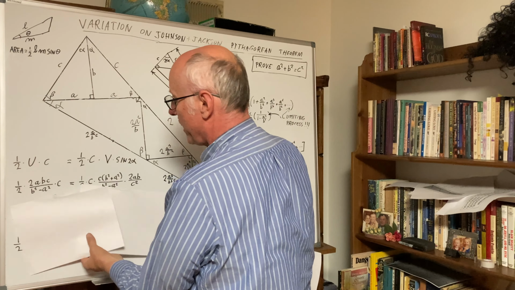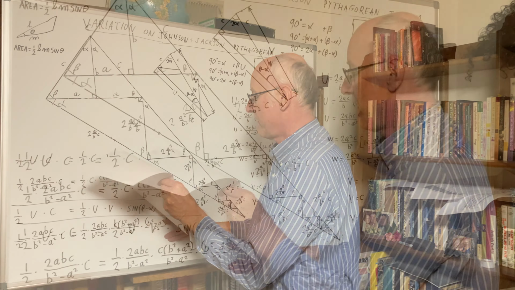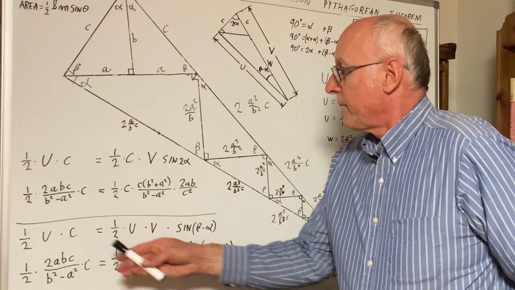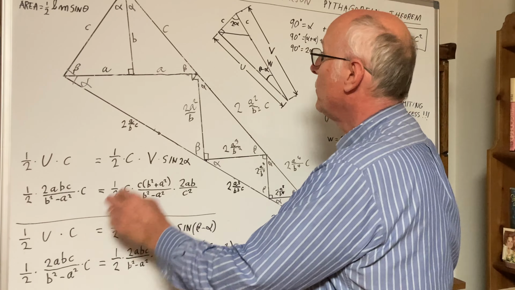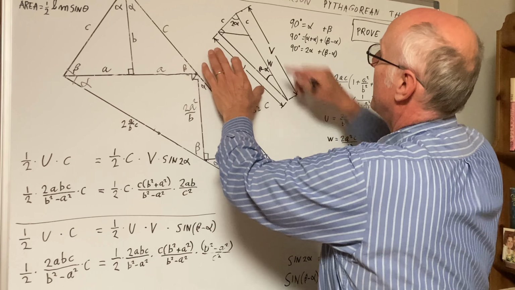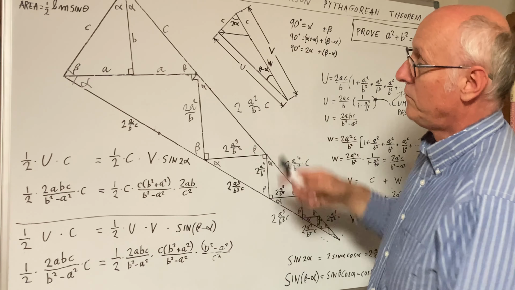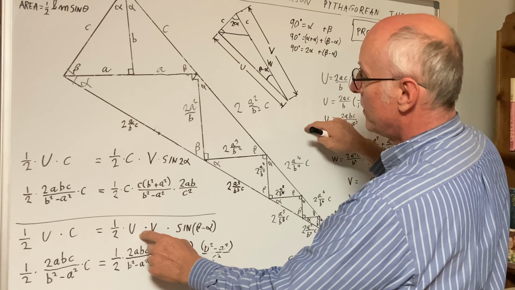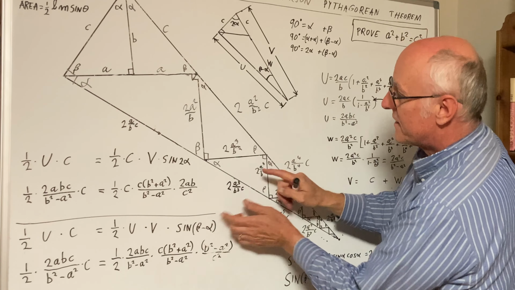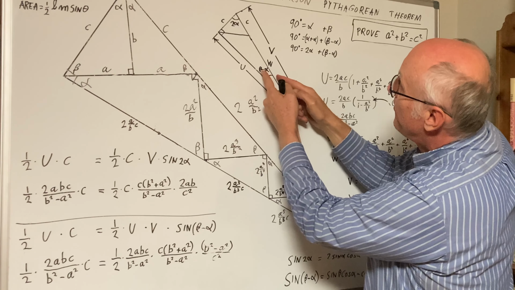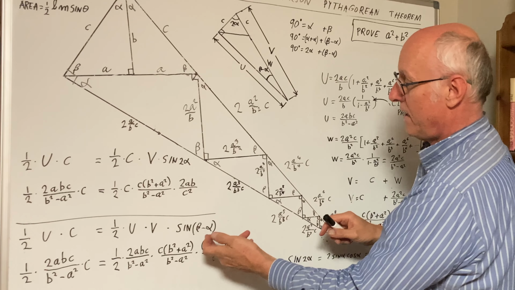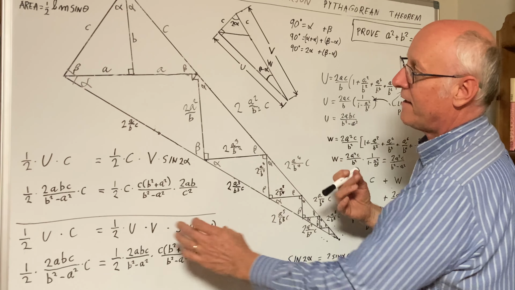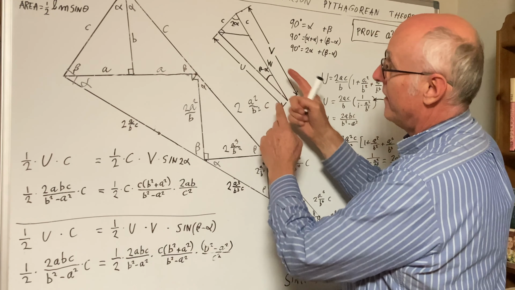And so what we have is, again, 1/2 u times c, that's just this right angle, is equal to 1/2 of u times v times the sine of the angle beta minus alpha, and that gives us area.